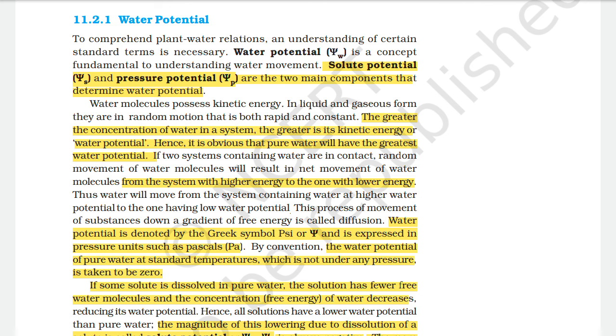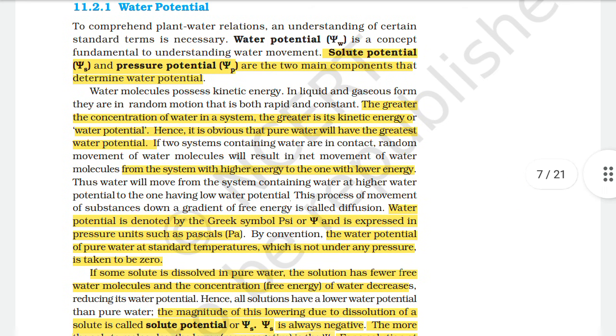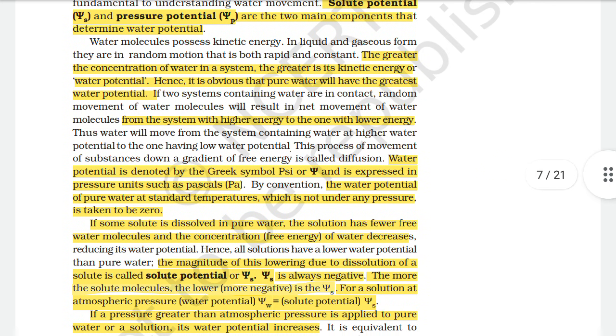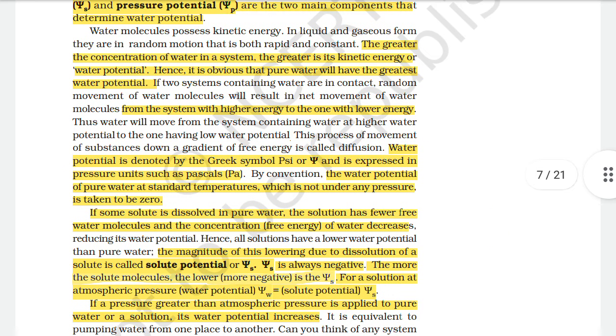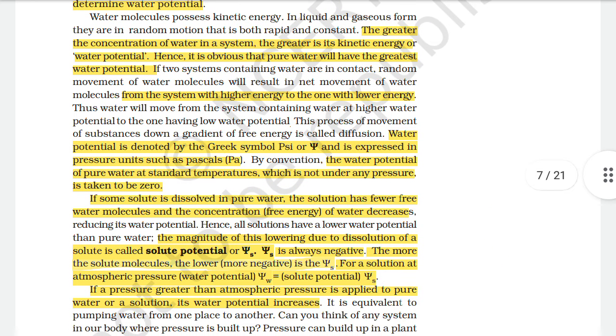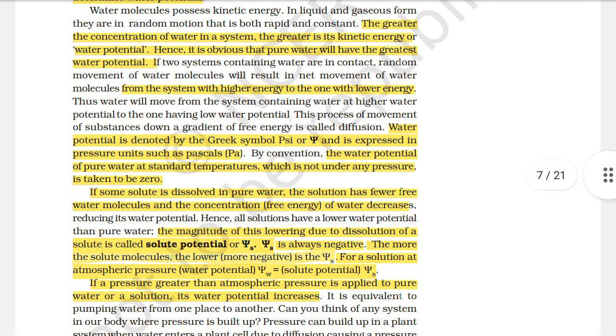Solute potential and pressure potential are the two components of water potential. The relationship is given on the next page: water potential is the sum of solute potential and pressure potential.